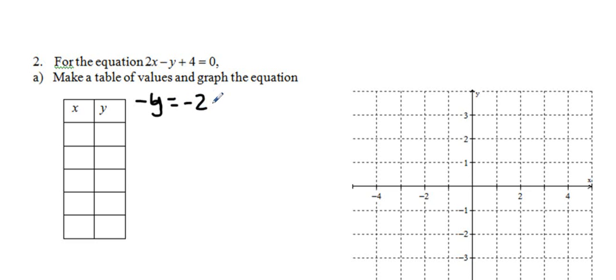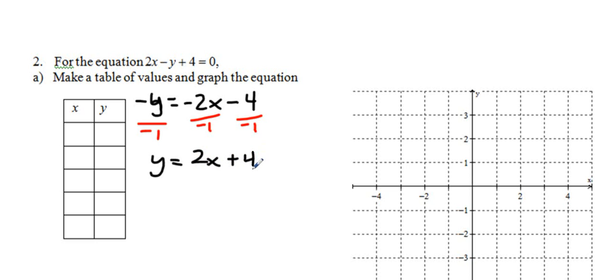So this is going to be minus 2x and minus 4. But remember, can't be just minus y. So we're going to divide everything through by minus 1. So we end up with y equals 2x plus 4.